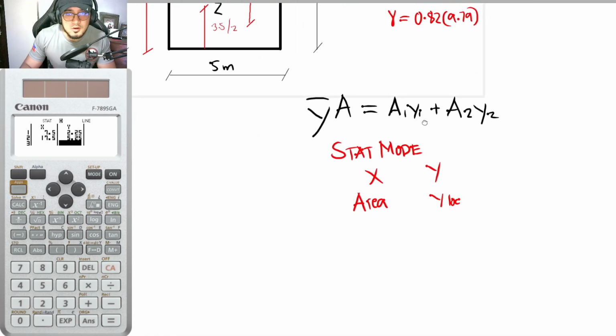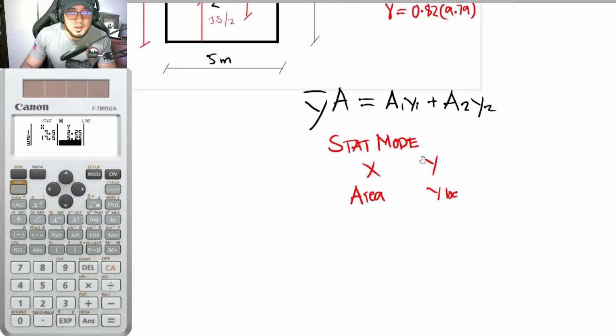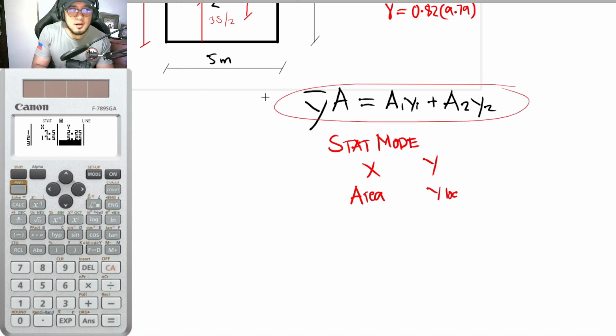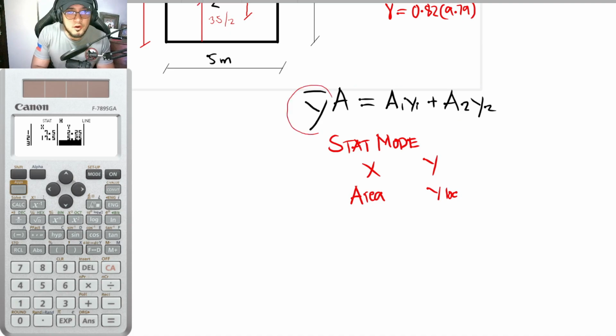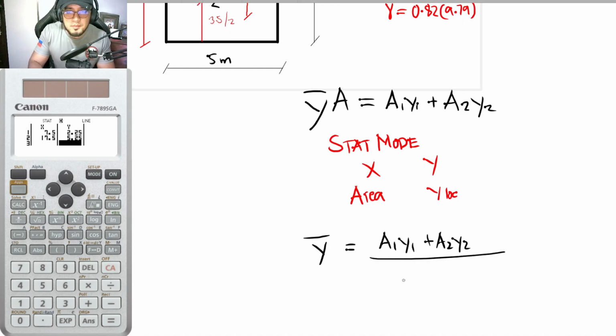We will now use stat mode to solve for bar y. Looking at this equation, by cross multiplication, bar y is equal to area 1 times y1 plus area 2 times y2, divided by A, the total area.